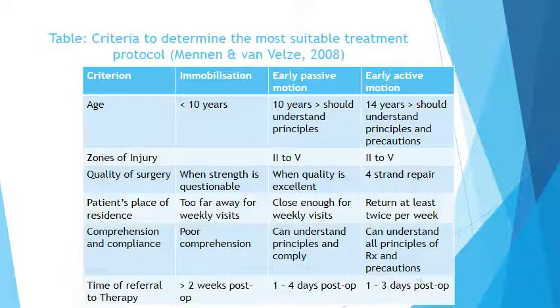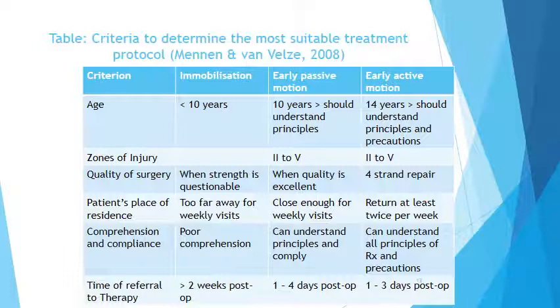So, let's take a look. In a child younger than 10 years old, immobilization for about 3 weeks is indicated, because we all know children: they run around, they play, and the tendon may get hurt. When the quality of the surgery and the strength of that repair is questionable, immobilization can be considered.